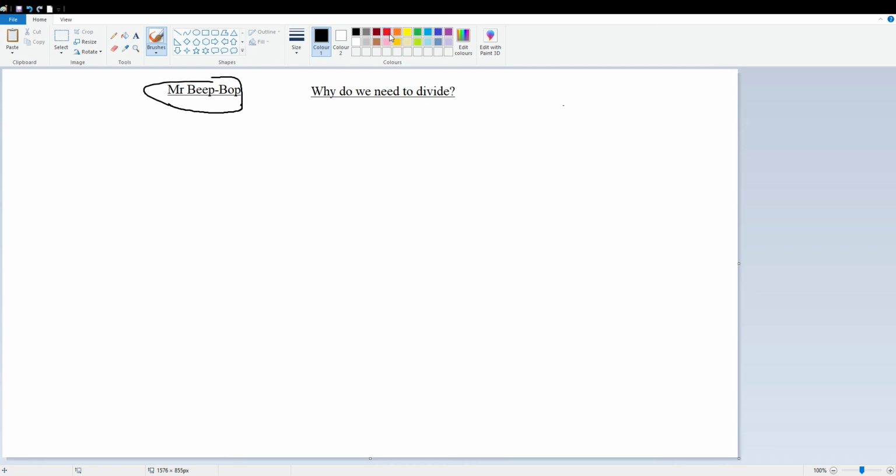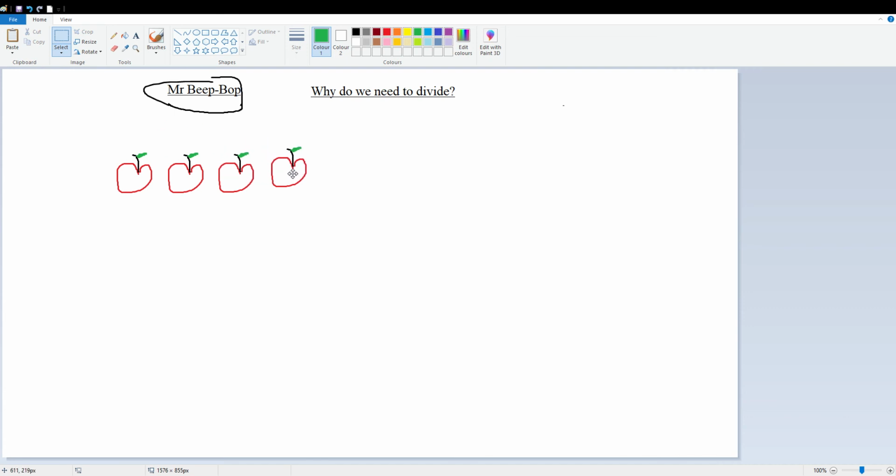So, let's use the example of our apples again. So we've got an apple. There we go. And we're going to draw 12 apples. So the way I'm going to do this is I'm just going to select this like this, and copy these like so.